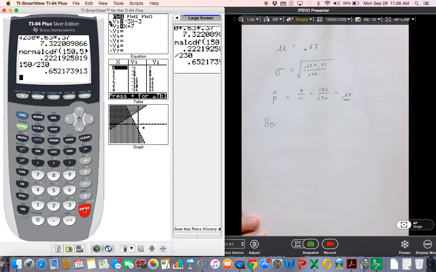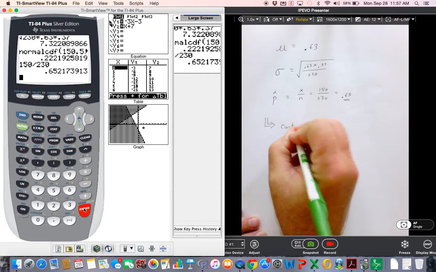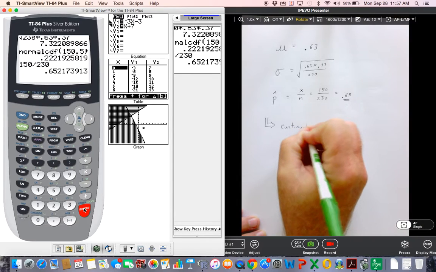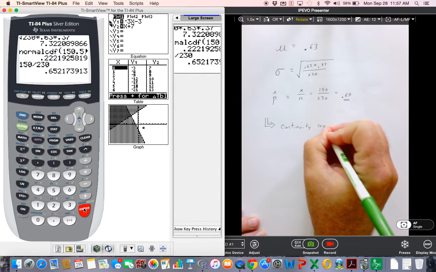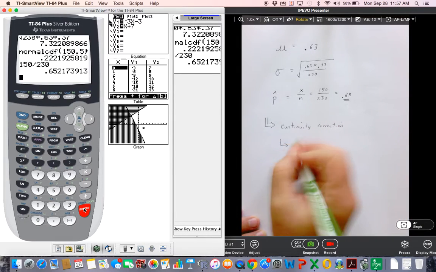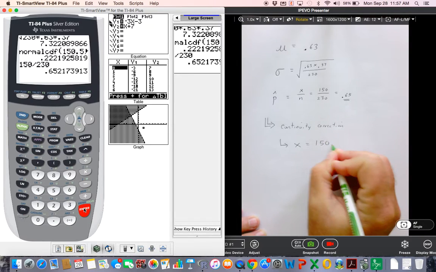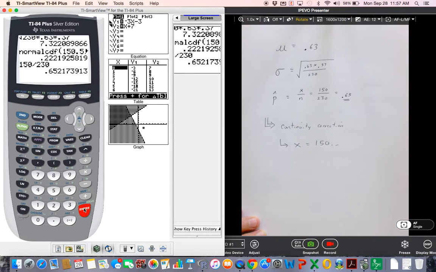All right. Guys, we still got to implement the correction. So we still got to implement the continuity correction, which still focuses on the x out of 150.